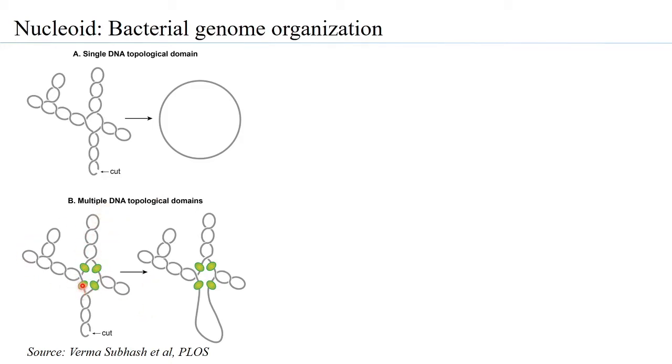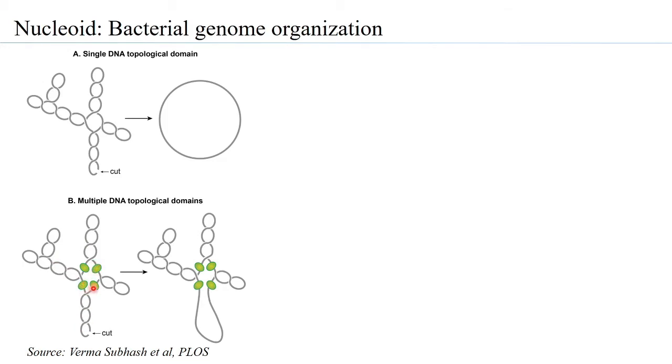So you can see that when you have NAPs binding, then this loop or this plectonemic region is demarcated from this plectonemic region, which is demarcated from this and which is demarcated from this. So basically we can see that there are 4 domains present in this coiled structure, and each domain is demarcated from one another because of these.